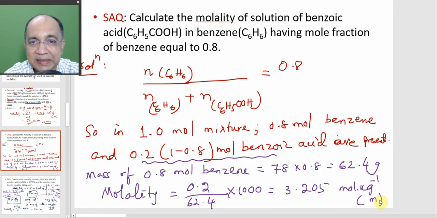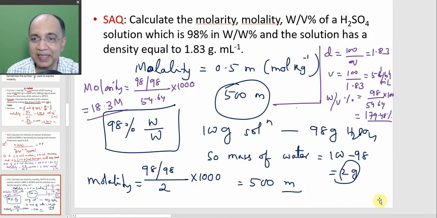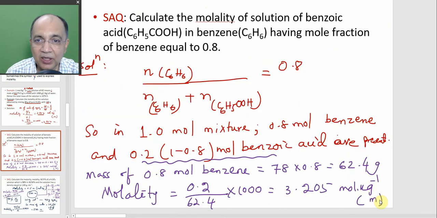Now, to convert W by W or mole fraction into molality and vice versa, this is extremely easy. I have taken a problem to show how easily we can convert molality into mole fraction or vice versa.